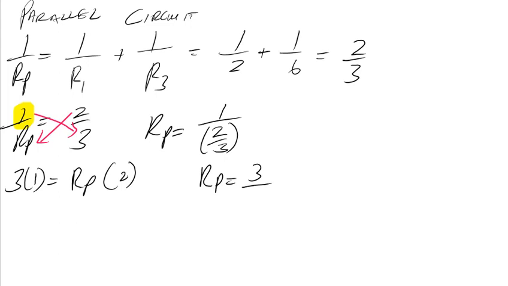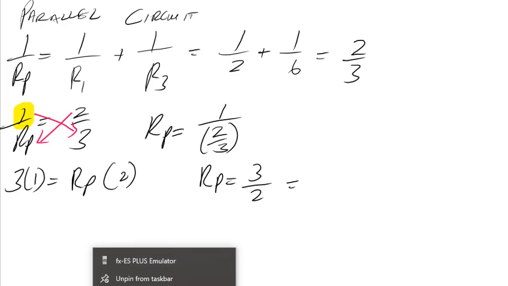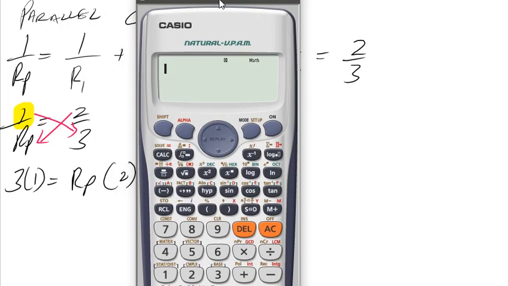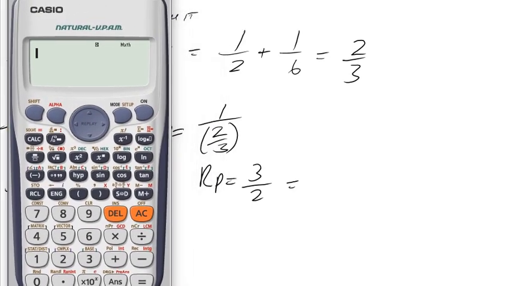Then you're gonna have RP is equal to 3 over 2. If you punch 3 divided by 2 on the calculator, you should get 1.5.